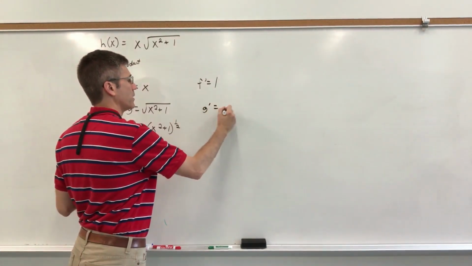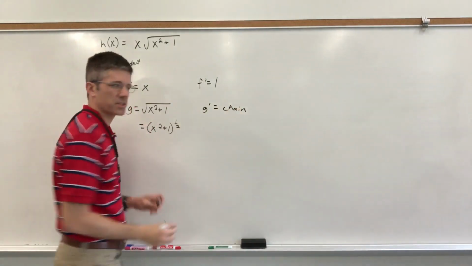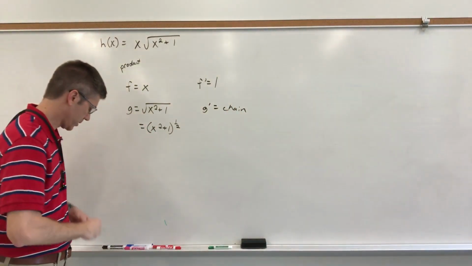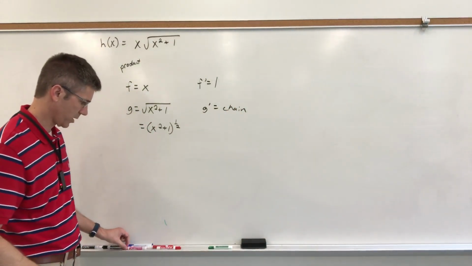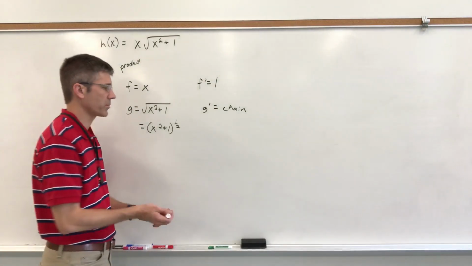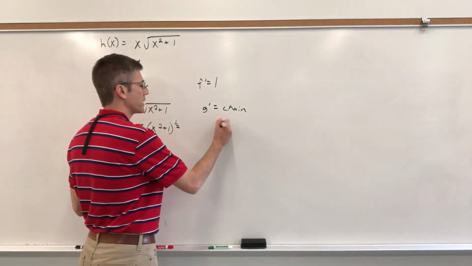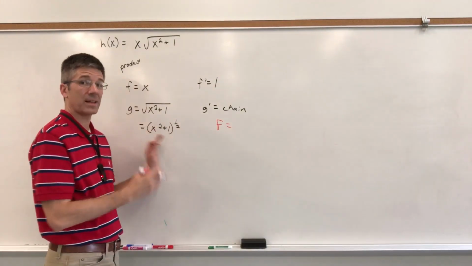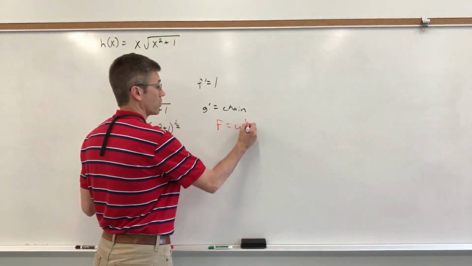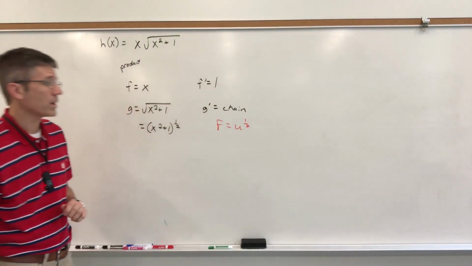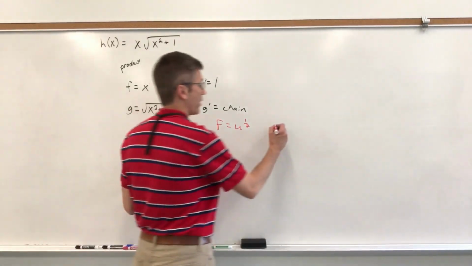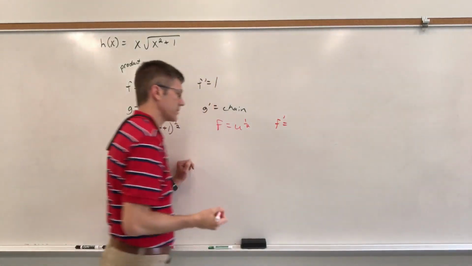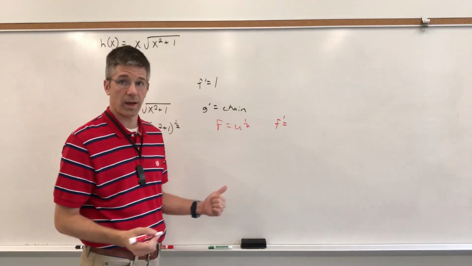So chain, let's switch colors just so it doesn't all run together. What color should I use? Not the pink one, it's running out. Green one doesn't show up. Red shows up pretty well, surprisingly well. The biggest thing happening over here is that somebody got square rooted, so we're going to call that u to the 1/2. The derivative of u to the 1/2 is, okay, well, 1/2 u to the negative 1/2.